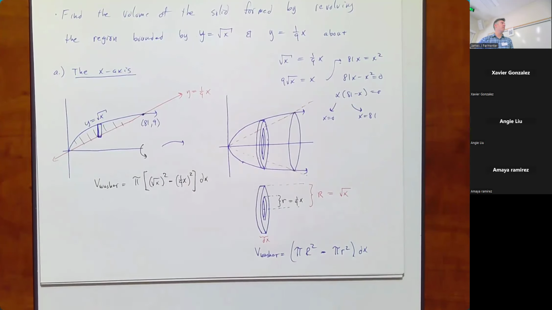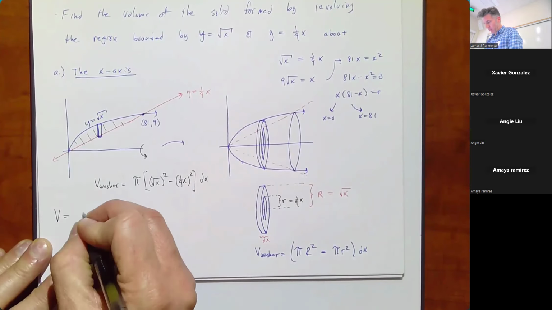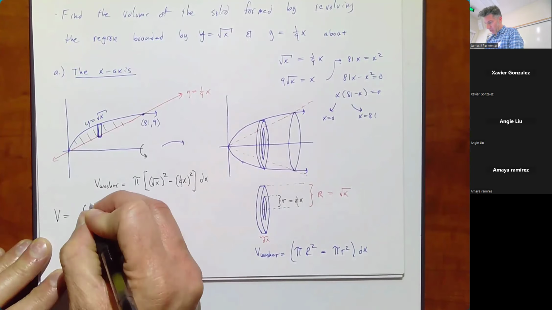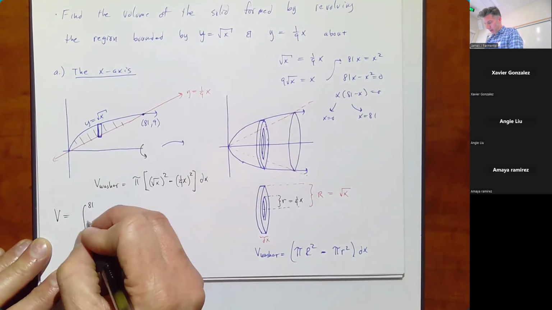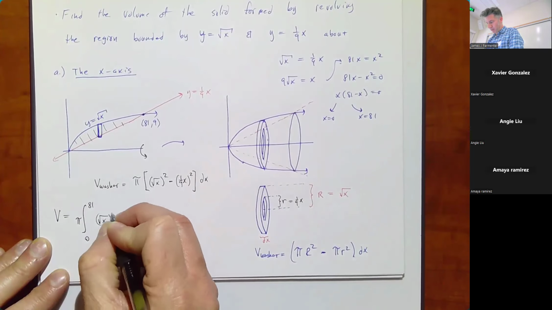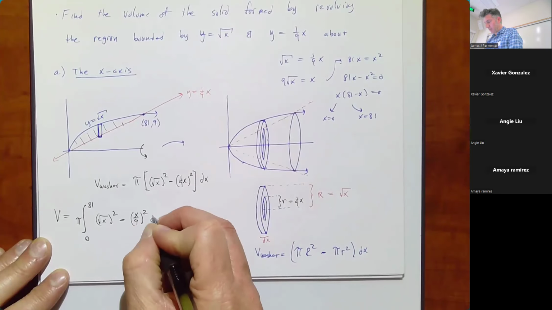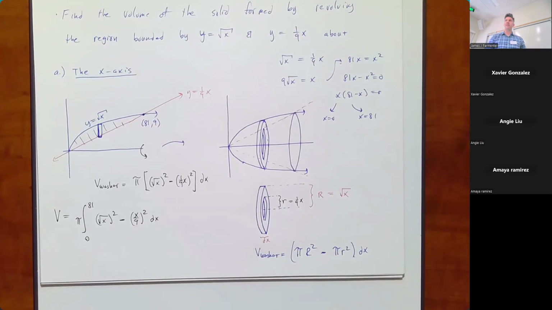And then we do the usual thing where that's the representative slice volume, and then we're going to add up all the slices by integrating. So the total volume is going to be the integral from 0 to 81 of pi on the outside times the square root of x squared minus x over 9 squared dx. Yes, I wrote x over 9 instead of 1/9 x, the same thing.